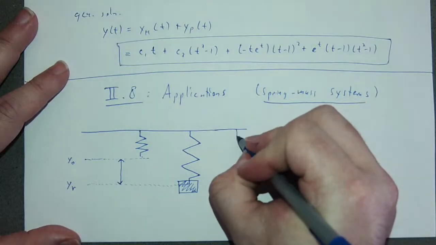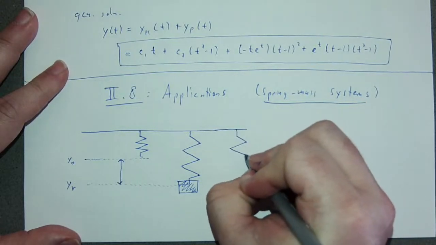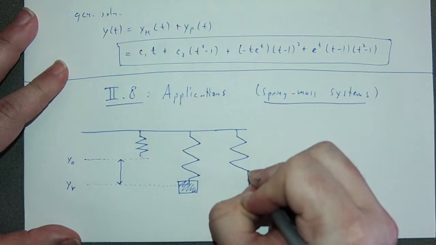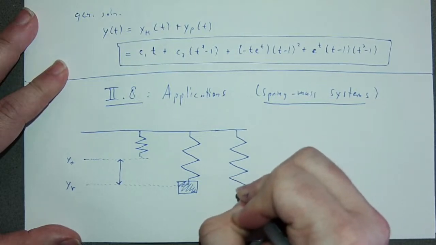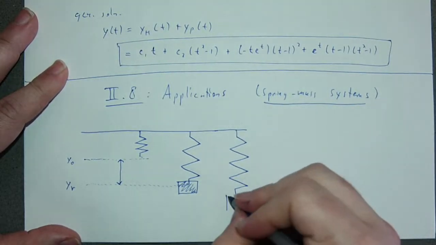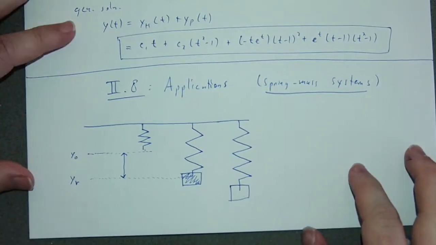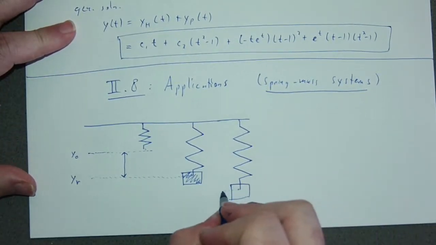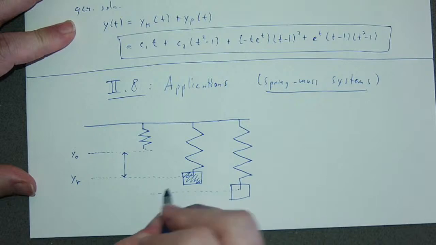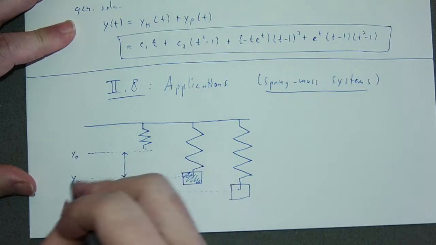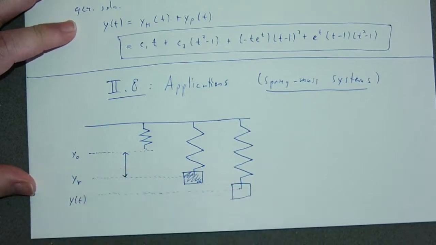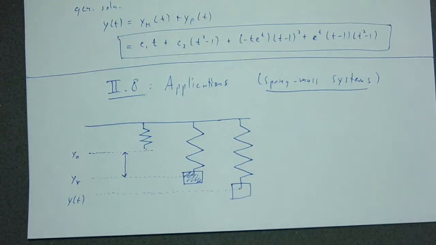This thing is going to be bouncing around. Let's say it has bounced some amount after I've let it go, and at time t, the snapshot has me looking at this thing here. There's my height. This is my y of t. How can I model this situation?